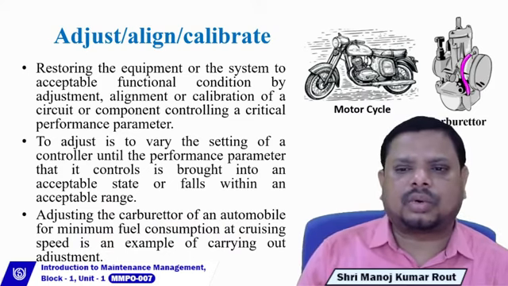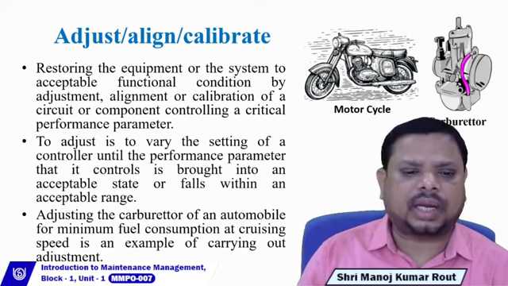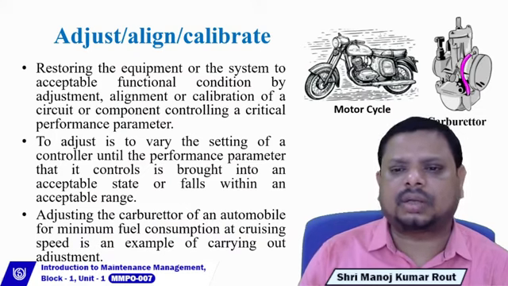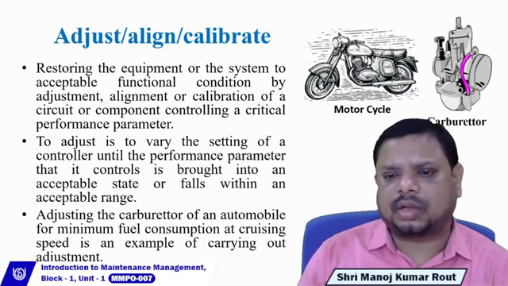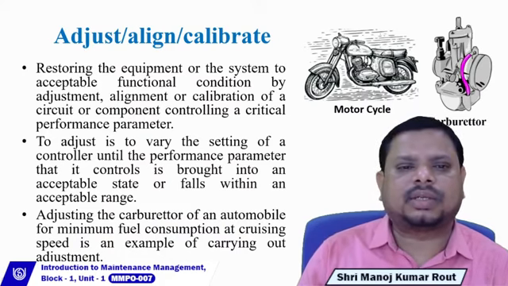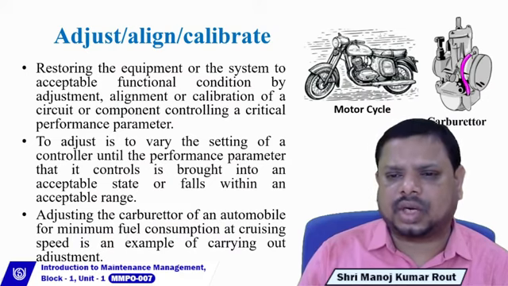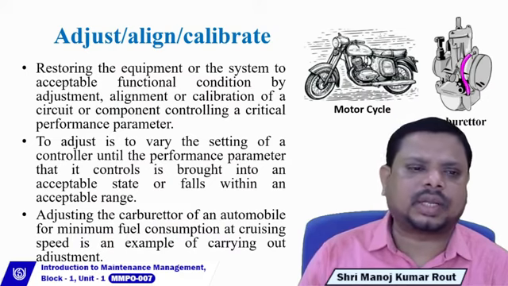If you want to increase the mileage or fuel efficiency, you can directly adjust the carburetor, and automatically the motorcycle's fuel efficiency will increase. That is the concept of adjust, or you can calibrate the carburetor in such a way that the fuel efficiency is automatically increased.